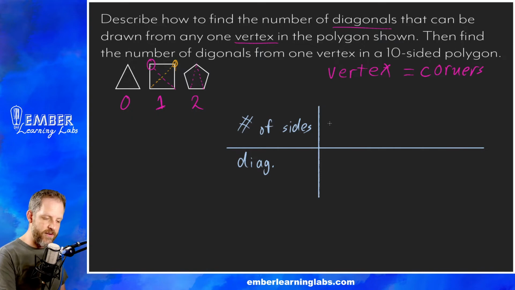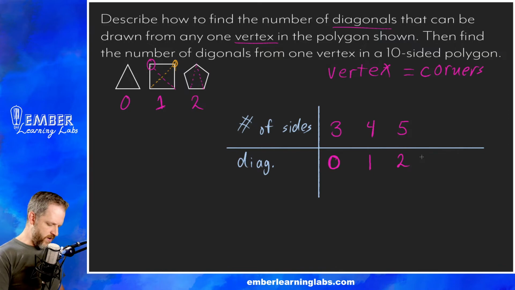So if we have 3 sides, we can draw 0 diagonals, right? If we have 4 sides, then we can draw 1 diagonal. If we have 5 sides, we can draw 2 diagonals, right?